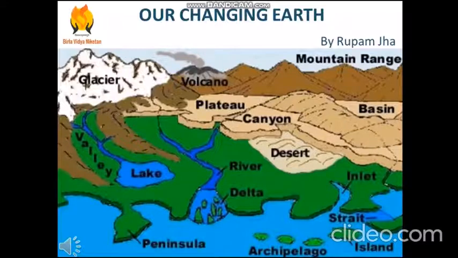Then further, when the river enters the plain area, it forms twists and turns. These twists and turns, that means large bends, are known as meanders. So the second landform that is formed by the work of a river is the meander.